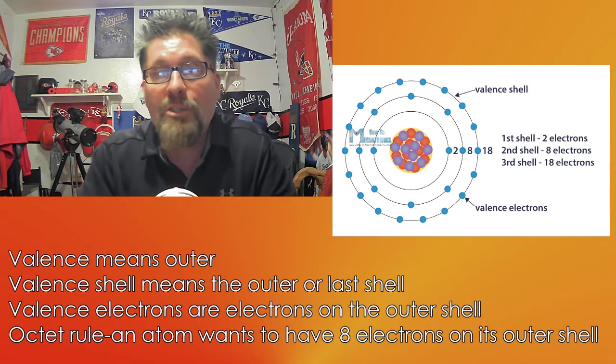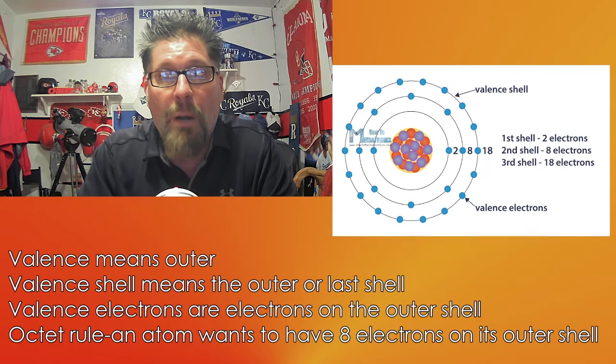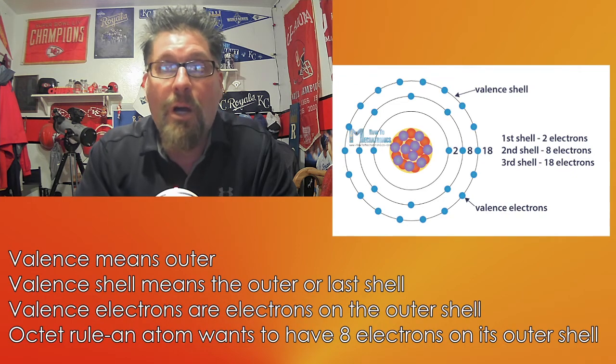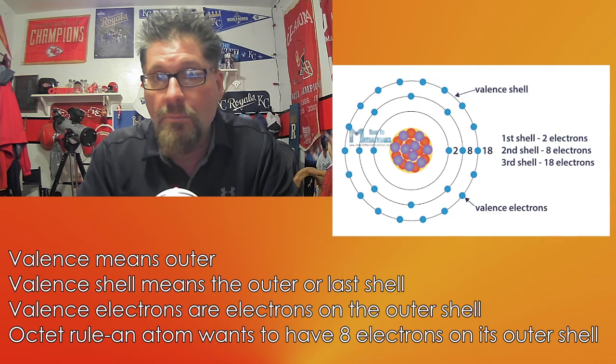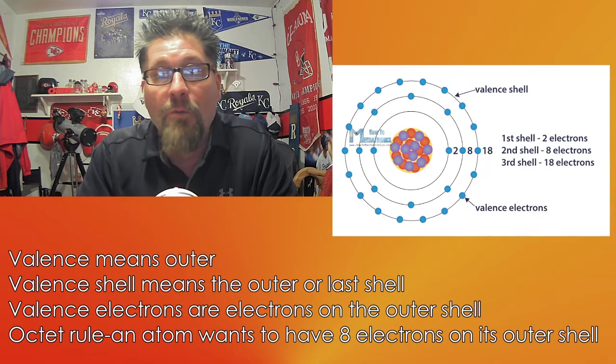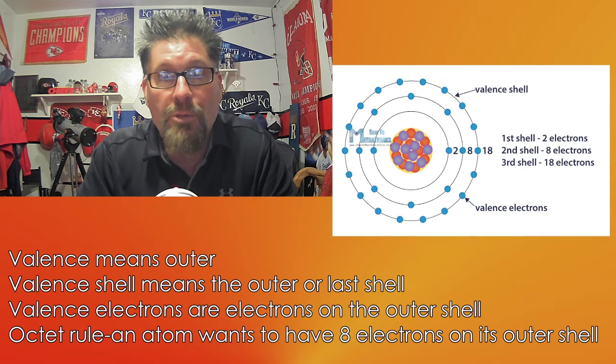Another concept to consider when we're talking general properties of a bond is the word valence. We will talk about valence quite a bit. If you are in a chemistry class, you will talk valence all year long to some degree. The word valence refers to outer, or outermost.